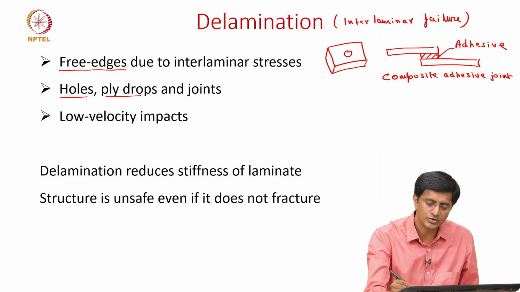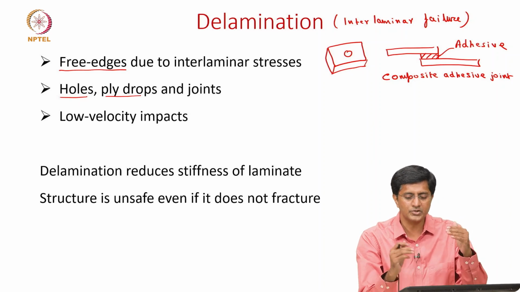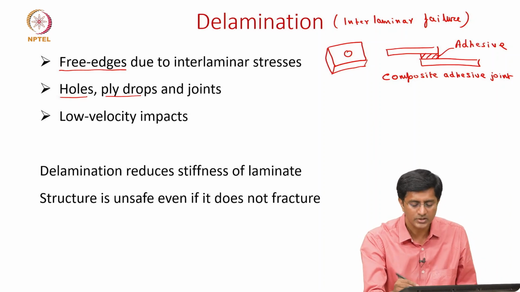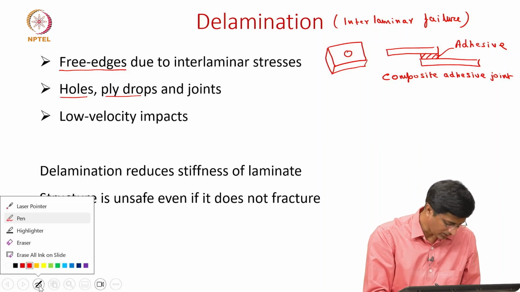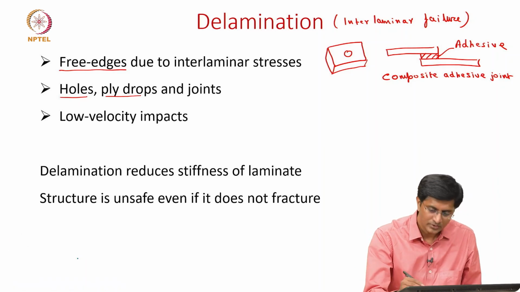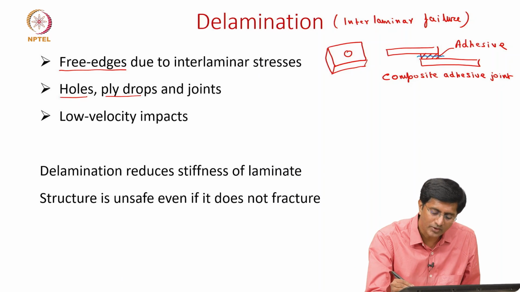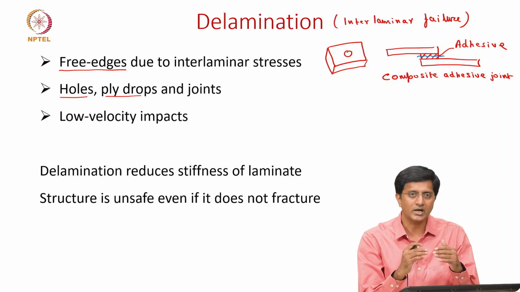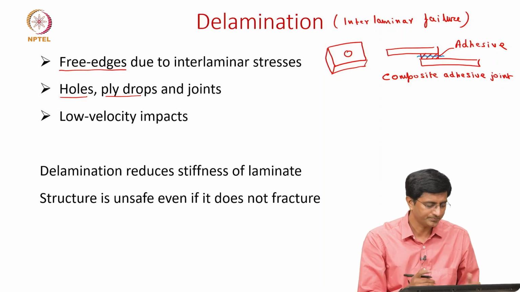We have used an adhesive to join one layer of the composite to the other layer of the composite, and because of the loads the failure can occur here. So let's say we have a failure here, then basically we have a delamination occurring at the joint level.